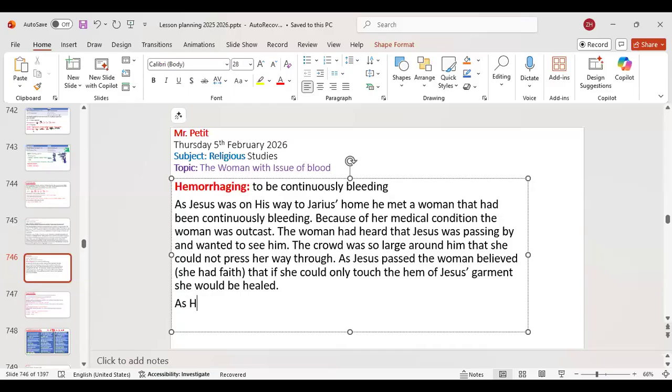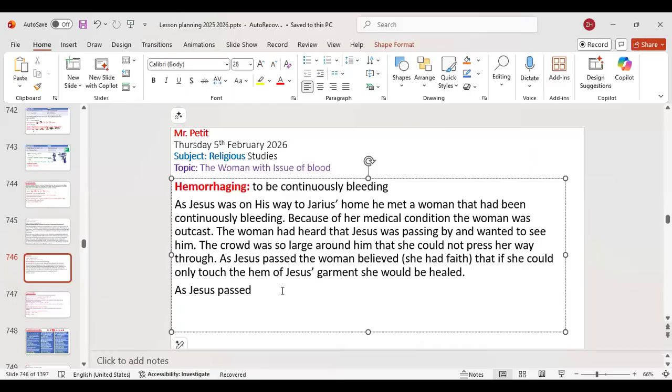So as Jesus passed by, the woman pressed her way through the crowd and touched Jesus.